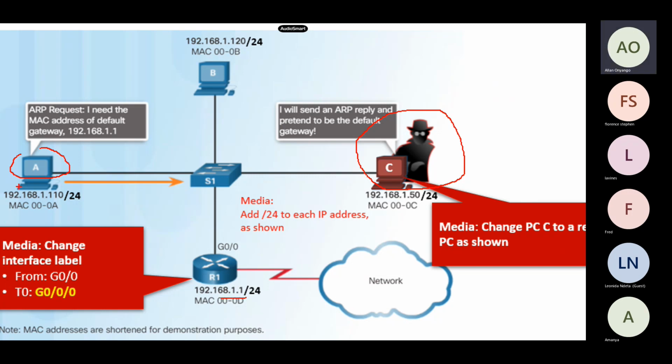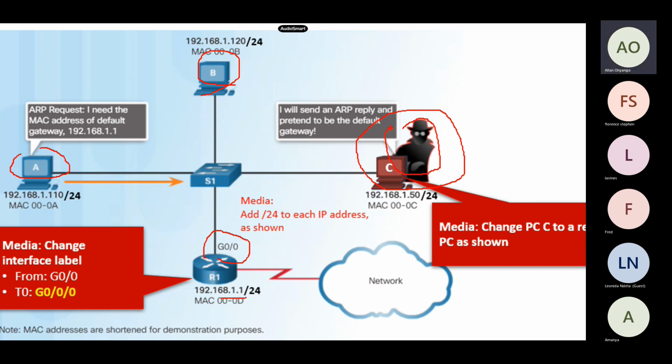So it's going to send that ARP request to the switch. The switch is going to broadcast it to PCB, the router itself, and even the hacker himself.